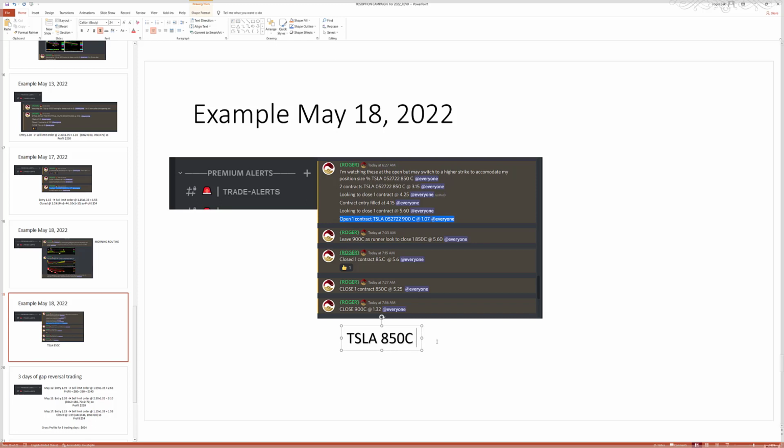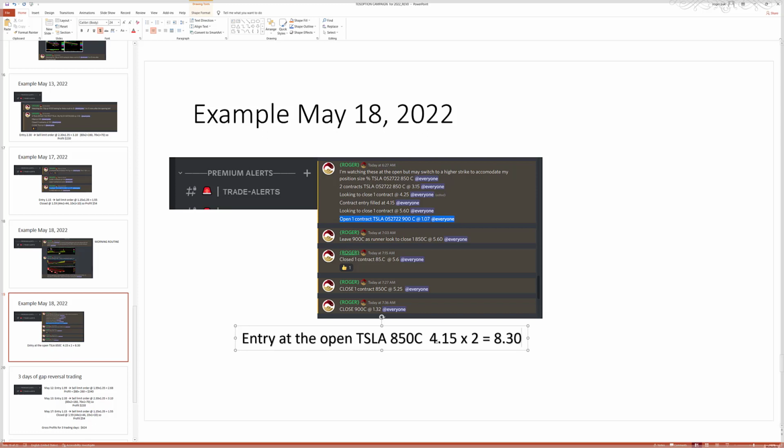We opened entry at the open at 4.15 times 2. I should have got the ones that are worth $1, but that's just me. That's my account because I'm already up, and I can afford 2 of these contracts.